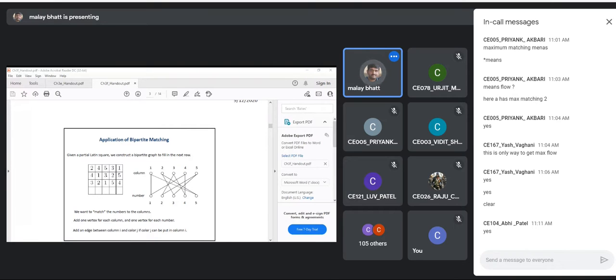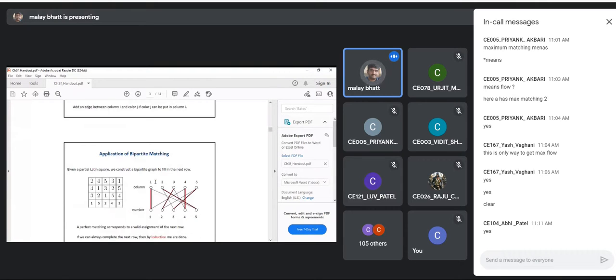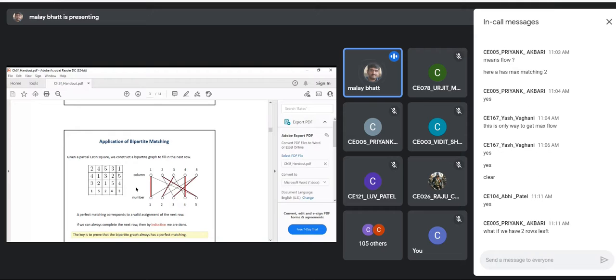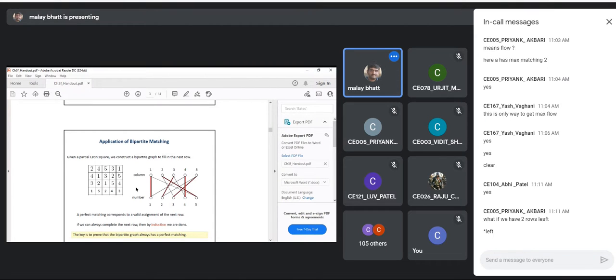Okay, so now we will apply bipartite graph matching through a Ford-Fulkerson network. Here again, I am not converting into a Ford-Fulkerson network; you can understand easily. So I am matching 1 with 1, 2 with 5, 3 with 2, 4 with 4, and 5 with 3.